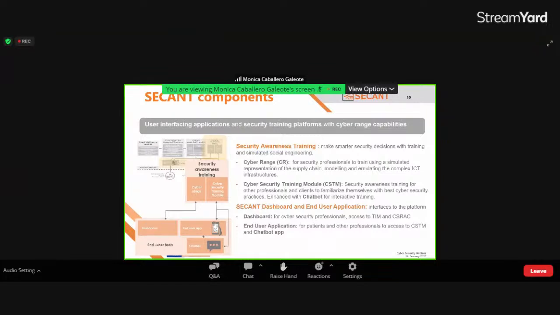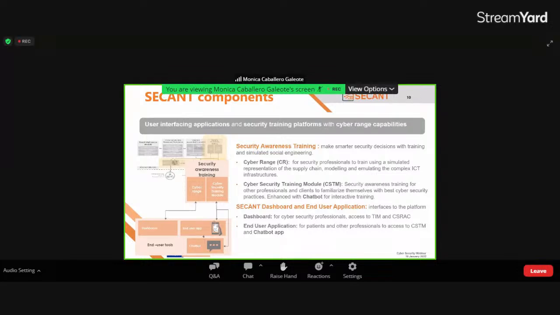One more oriented to security professionals, and this is the organizational cyber range that will allow these professionals to be trained using a simulated representation of the supply chain and the ICT infrastructure they want to monitor and secure.